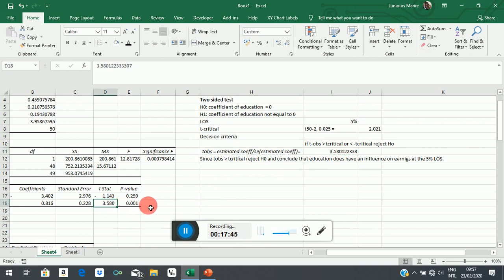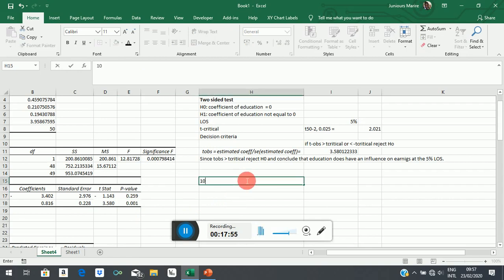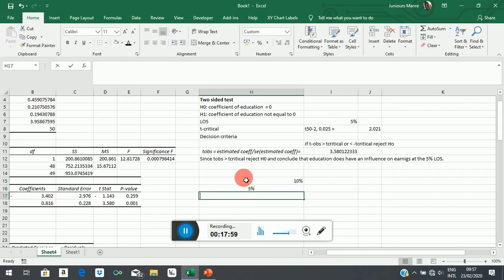Now an alternative way of doing that is to look at the p-value. Okay, generally we work with 10%, 5% and 1% levels of significance. Now what you can do is to convert these numbers into percentages, just to convince yourself of what you are seeing.